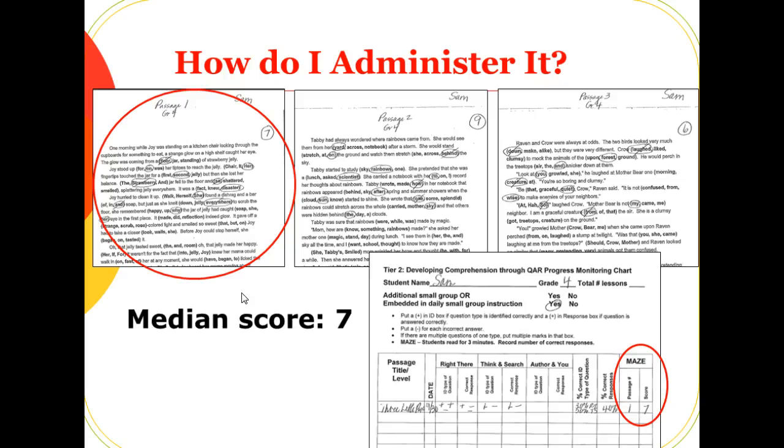For passage 2 they scored a 9, they had 9 correct answers. And for passage 3 they scored a 6, they had 6 correct answers. Then we would choose 7 because 7 is the median score. And then I would record that on the first line for my maze passages. And that would be my baseline.